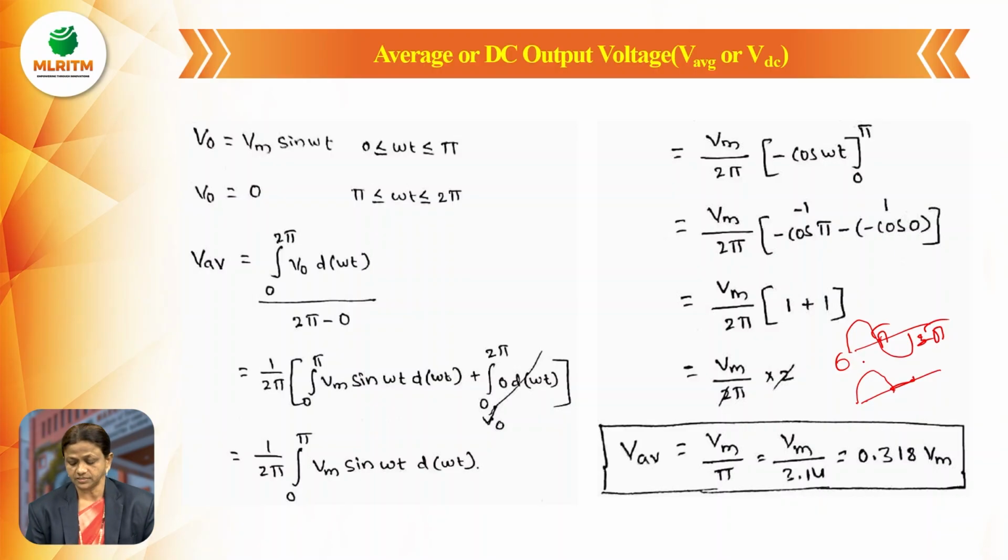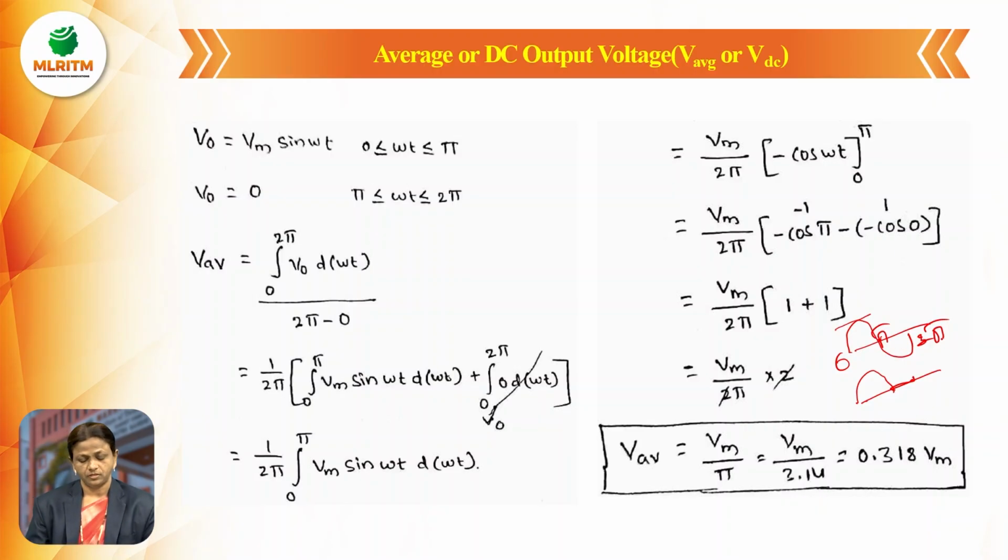Here the output signal is represented as V0 equal to Vm sin omega t, where Vm is nothing but the maximum or peak voltage value. So V0 equal to Vm sin omega t for 0 less than or equal to omega t less than or equal to pi. From pi to 2 pi, the output signal is 0, so V0 equal to 0 for pi less than or equal to omega t less than or equal to 2 pi.